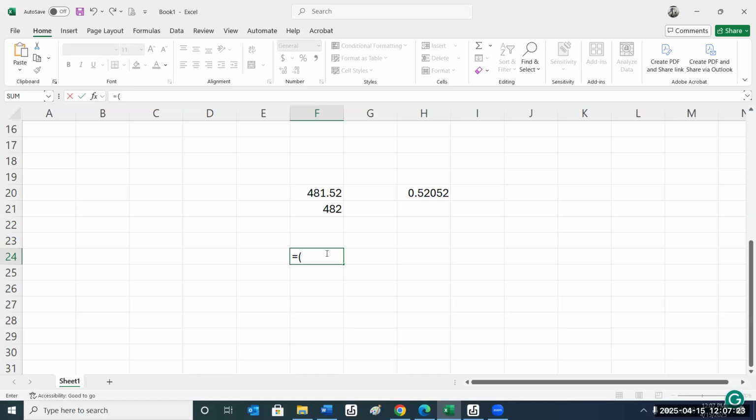Do something instead of just sitting there staring. So I have 482 divided by 926 divided by the square root of 0.5 times 0.5 divided by 926.